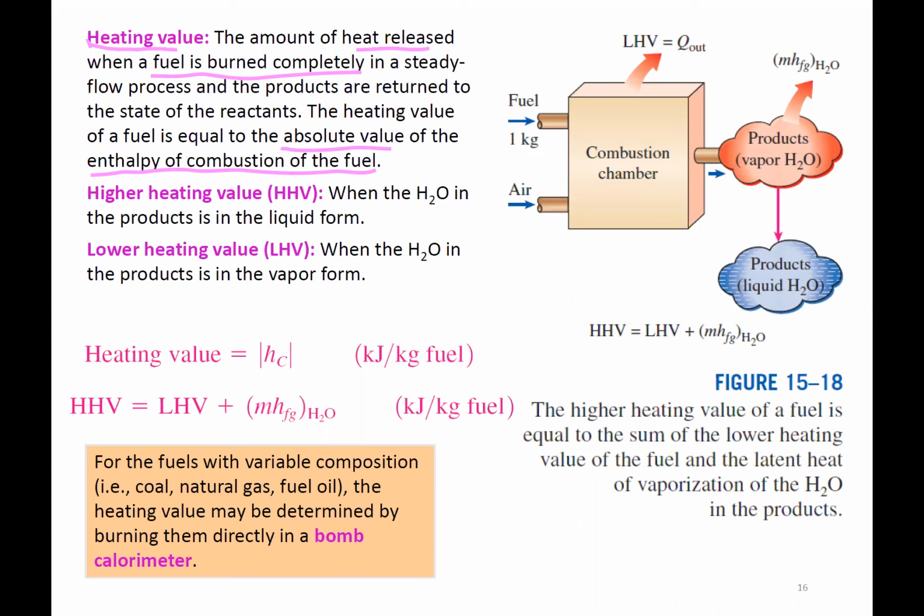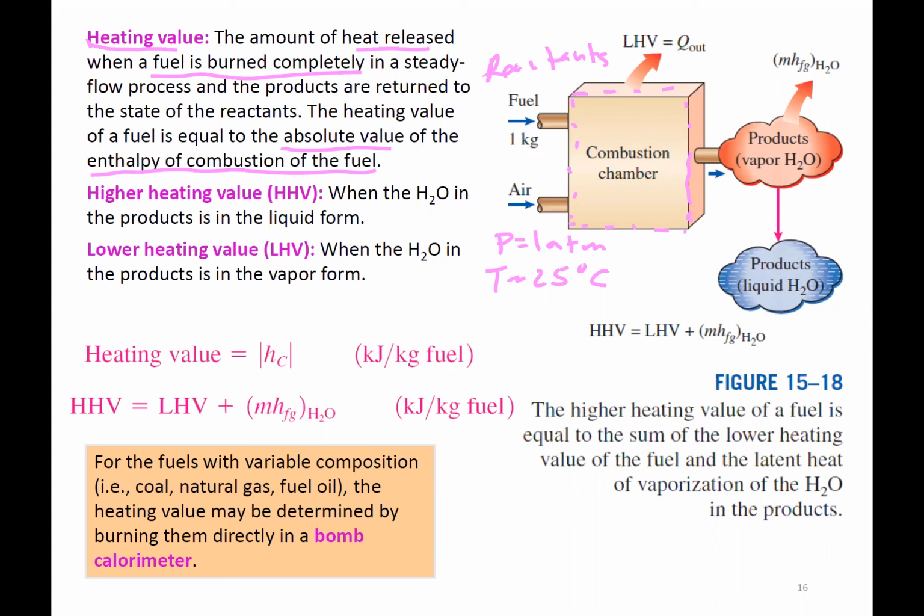But let's look at this example here. We have our combustion chamber. We have our reactants going in, right? We're probably at 1 atmosphere here, and temperature is 25 degrees Celsius. Fuel and air are going in.